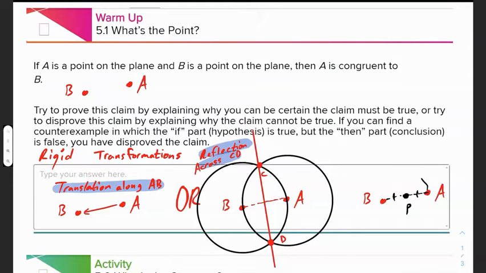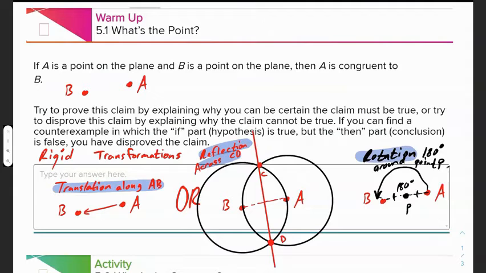I'll just pretend that's a perfect circle. But that's a rotation: 180 degrees around point P. So a rotation would have worked too.